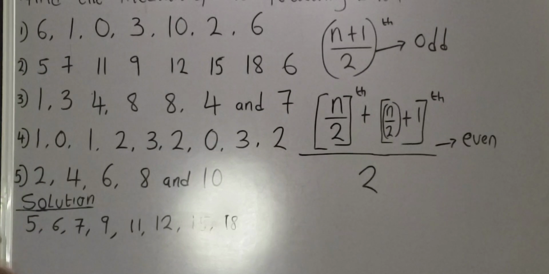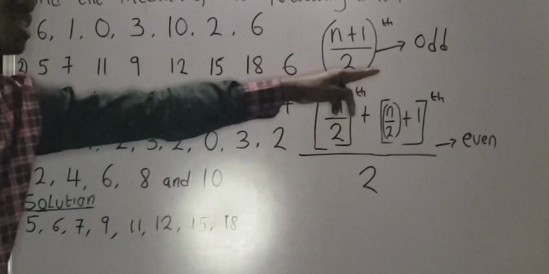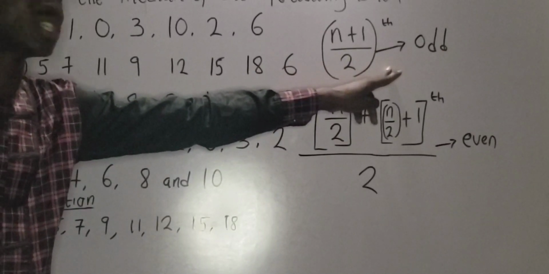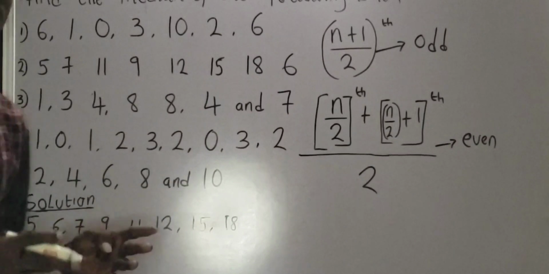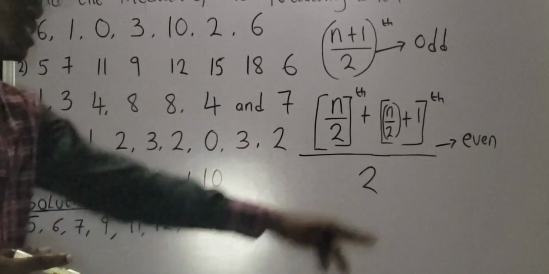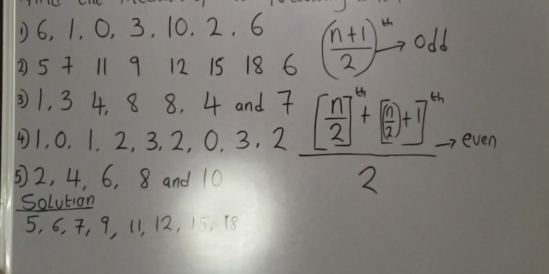The next step is that we are going to determine the total number of our data set to know the median formula that we are going to use. As I told you, we have two median formulas. The first median formula is used when the number of our data set is odd. The second median formula is used when the number of our data set is even.